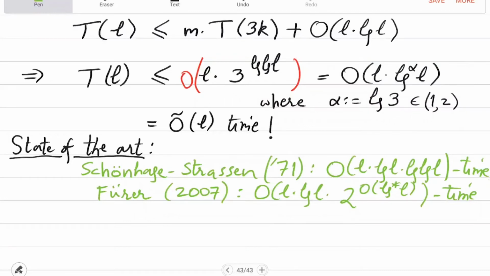So who knows the definition of log star L? Number of times you need to take the log. Yes, so you are interested in the composition of the log operator. You are given the input L, and you start taking log of that, and the number of times you have to take it, let's say i times, before you go below 1, that is called log star L. So that i is being put in the exponent.